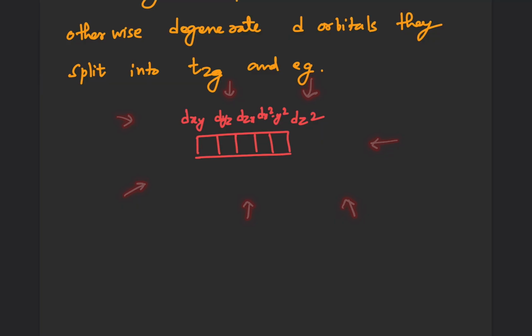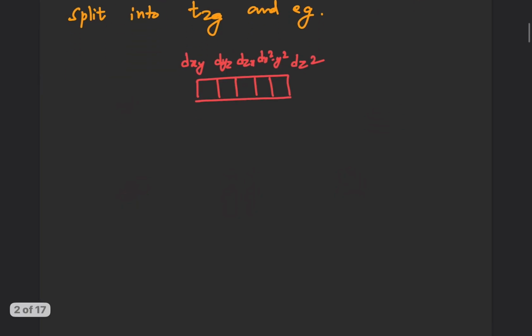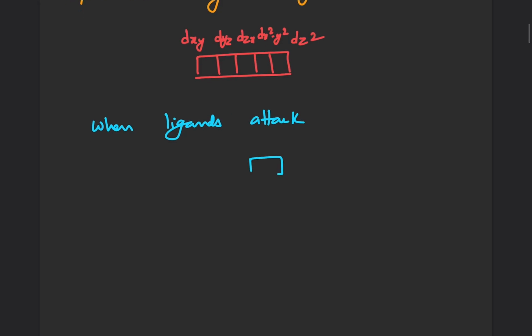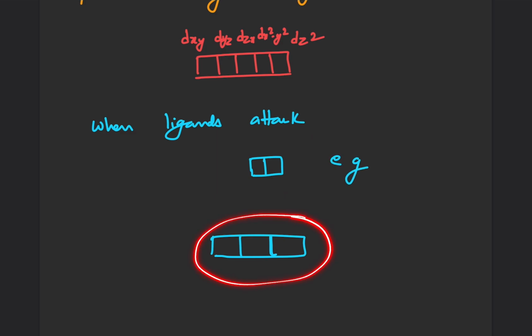They split into T2g and Eg. We have 2 above and 3 below. These two are collectively known as Eg, and these 3 are collectively known as T2g.